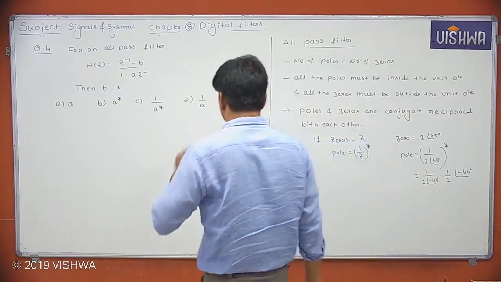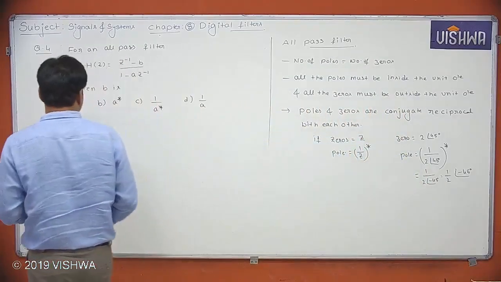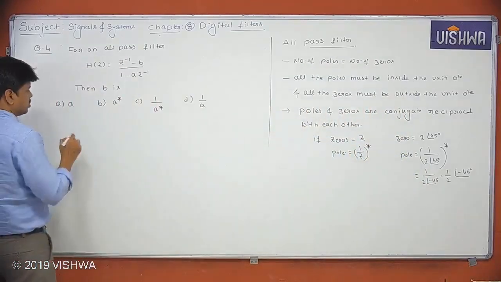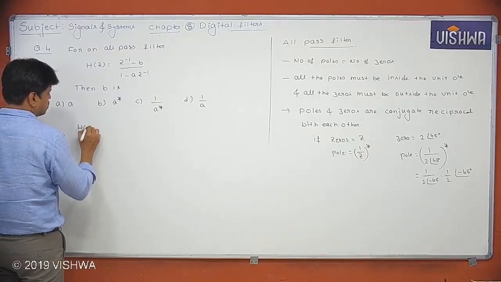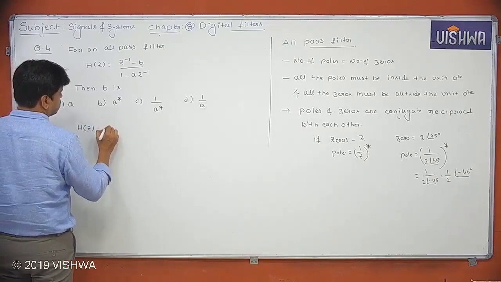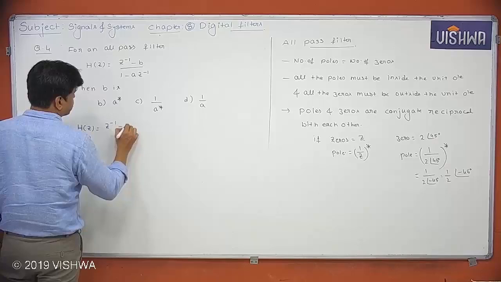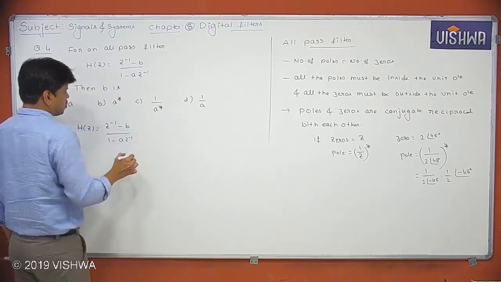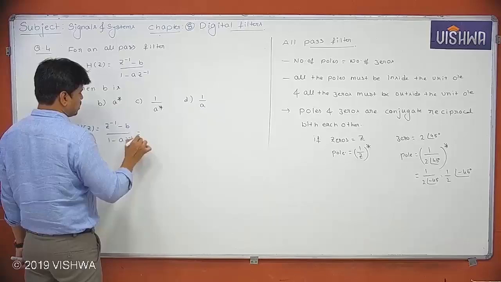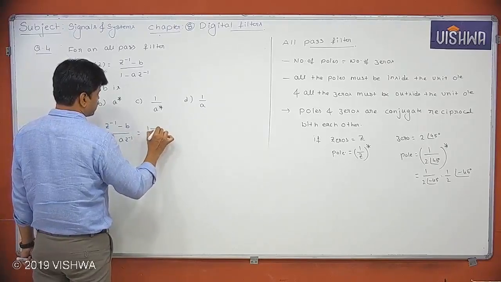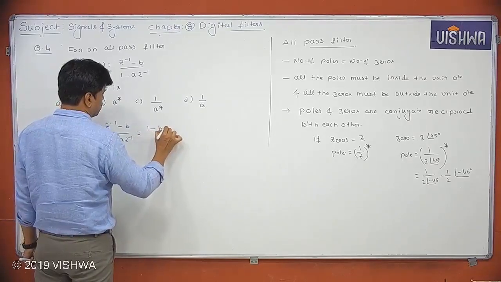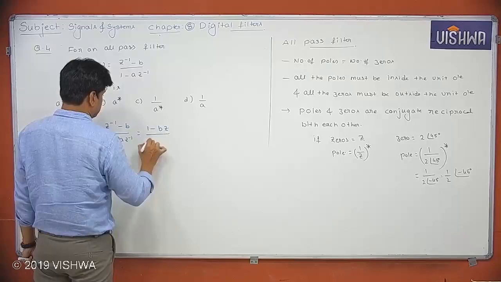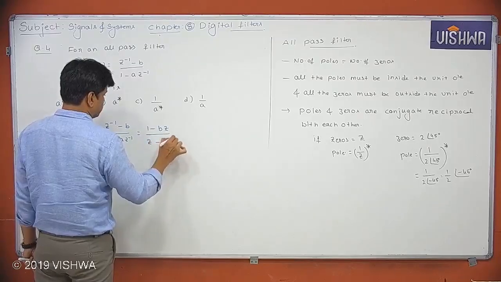Here so many people make mistakes, but don't make any mistakes. Try to understand first. Rewrite H(z). What is H(z)? Z inverse minus C by 1 minus A z inverse. If I take z inverse common, it is (1 minus B z) by (z minus A).